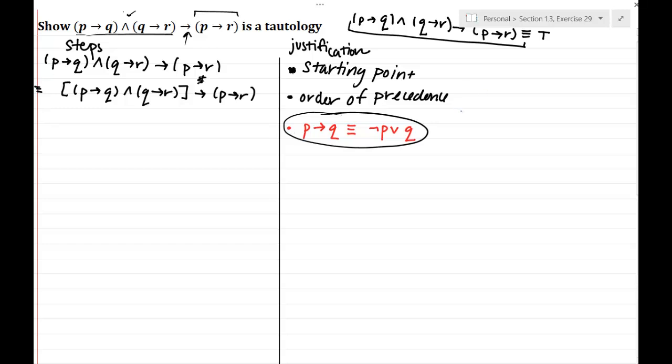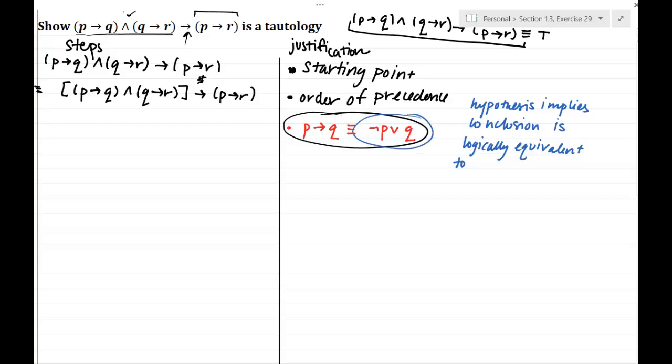The way that I read this is: a hypothesis implies a conclusion is logically equivalent, and this is the point that I use all the time when I'm changing implications to this other form here.